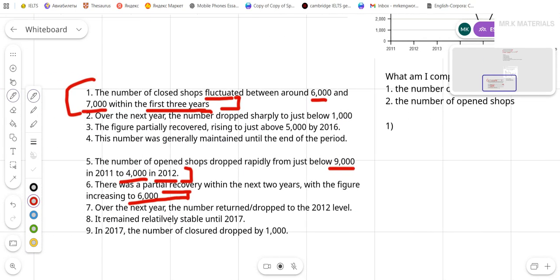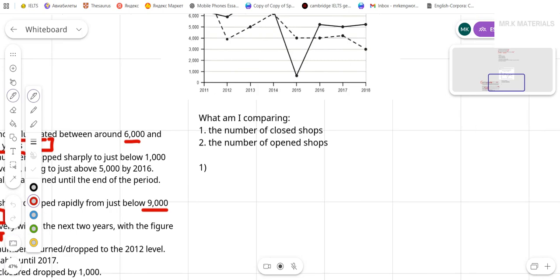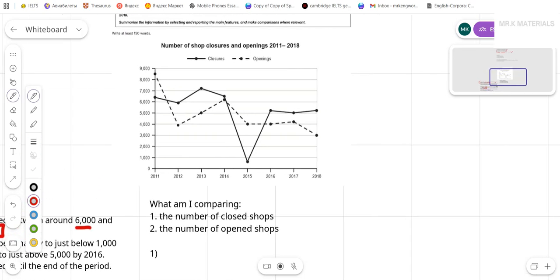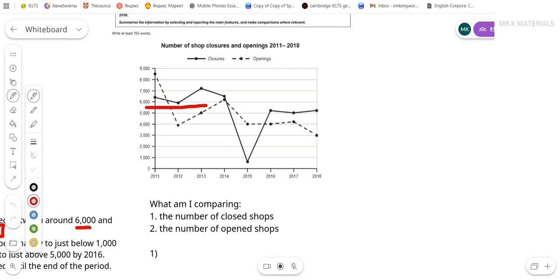Yeah. All right, fellas, so basically what is happening? Let's have a visual of how it looks. So I have this key feature of closures, and I have this key feature of openings. So what do I do here?